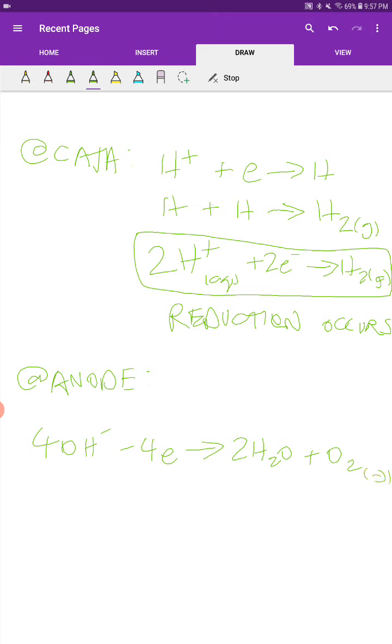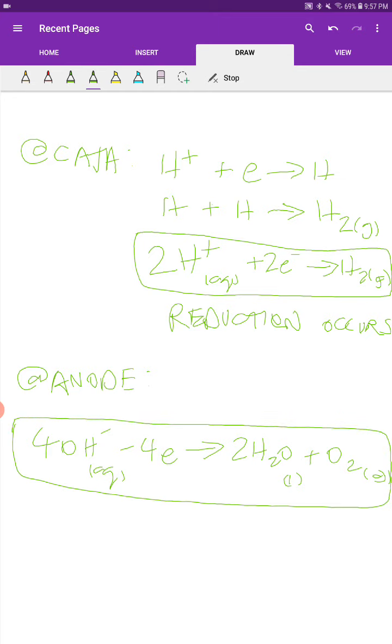That's gas, that's liquid, that's aqueous. Okay, so this is your half equation for the anode, and because your hydroxide ions are losing electrons, that means that oxidation is taking place.